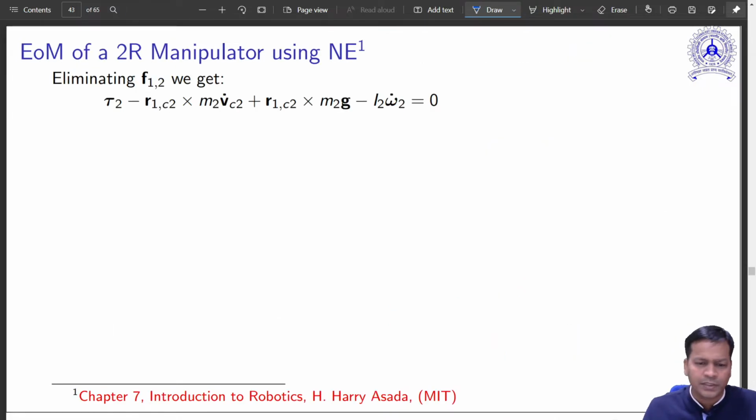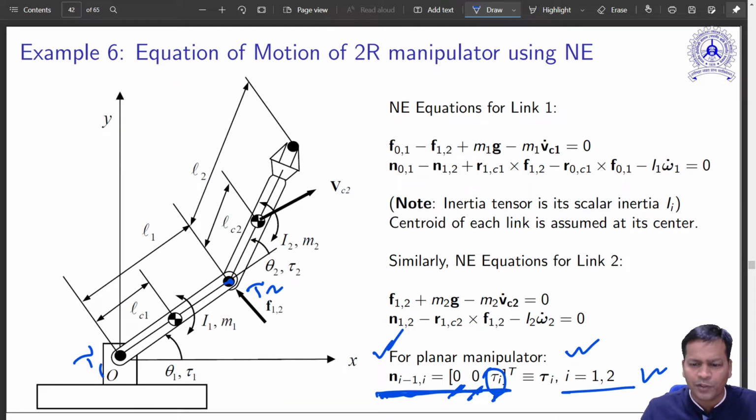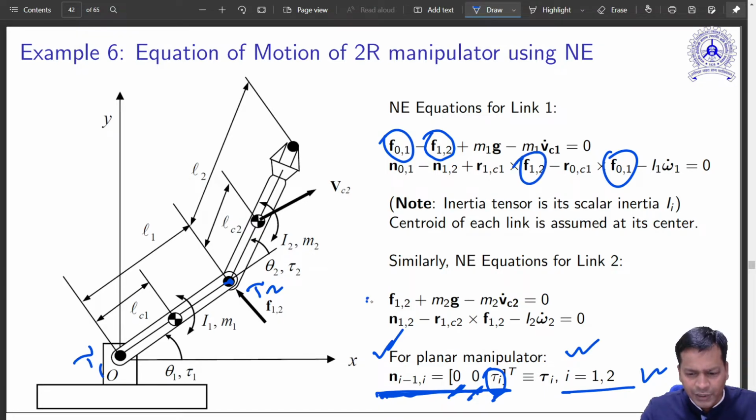Okay, so now I'll try to eliminate different variables. I don't want these terms to be there, so I'll simply eliminate this. I start working from this, I substitute it into this one.